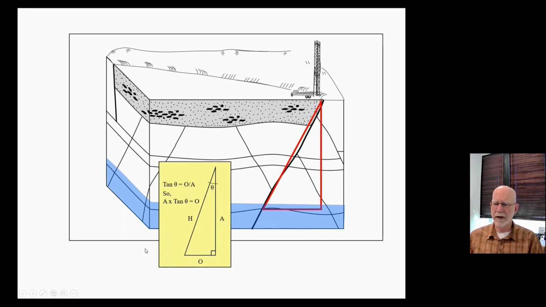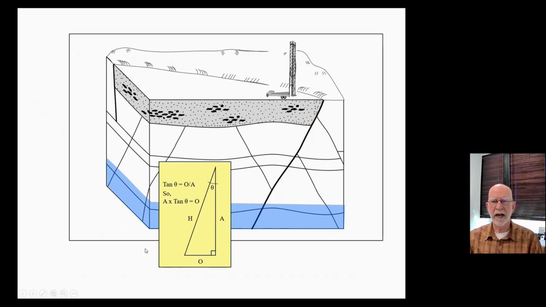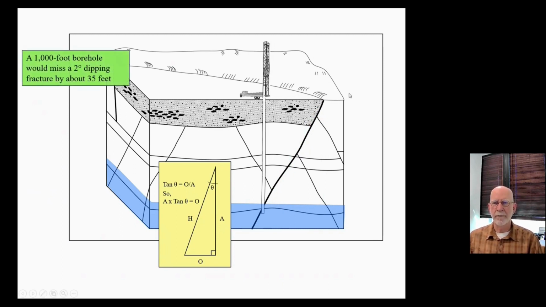So let's look at an example. Let's say that we have a 2-degree dip, just 2 degrees to our angle, and we're going to drill to 1,000 feet. So 1,000 feet, and the tangent of 2 degrees, if you do it on a calculator, is like 0.035.